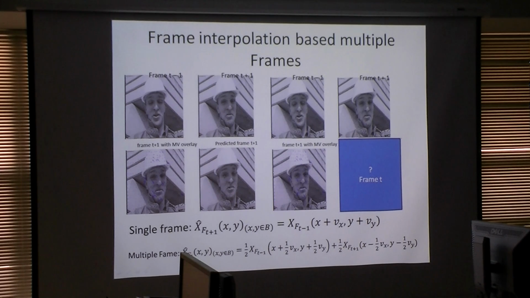In this case, we can use 2 frames. And you can also use more than 2 frames according to the similar idea. For example, if we want to use 2 frames, the basic idea is just divide the motion vector by 2 and take the average.